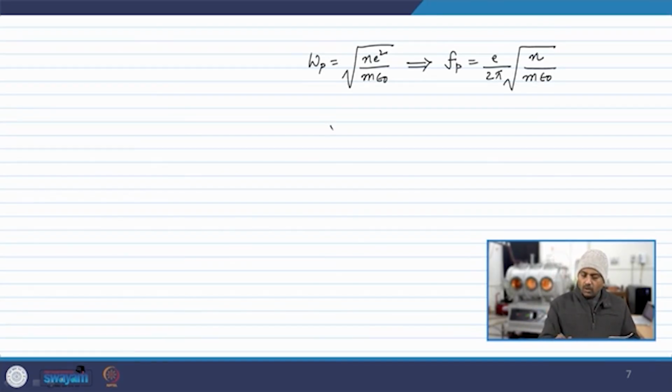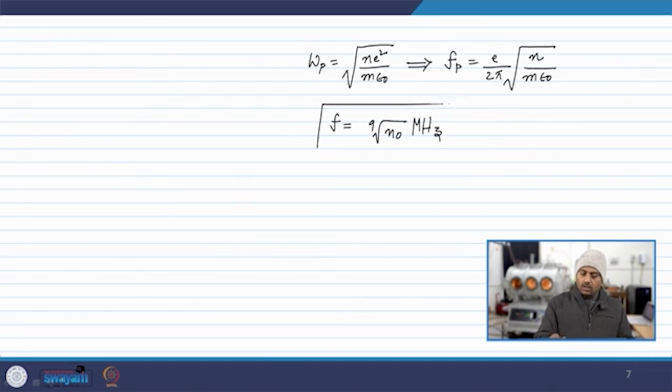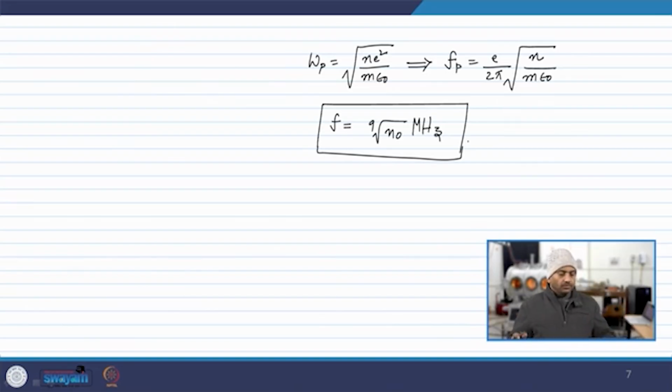So, substituting all the known values of constants, for example, charge of electron, mass of electron, the permittivity of free space, we can write the frequency as 9 square root of n_0 hertz. 9 square root of n_0, it is actually megahertz. Okay. So, this is the frequency of the plasma.